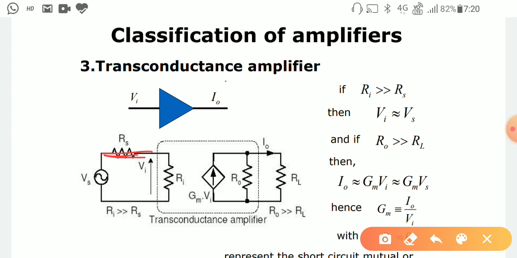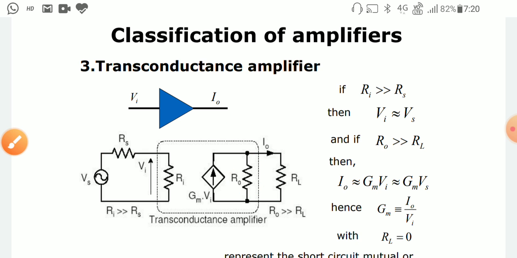Now for the current at the output side, at the RL side you have to get the maximum current. How can you get it? If no voltage drop occurs at this R0 portion, that is, the impedance here is so high compared to the value of RL, then also the maximum current will pass through that RL side.